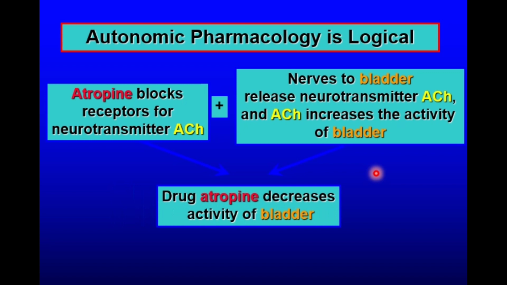Therefore, you should predict that in the presence of atropine, bladder activity is decreased. This effect in some situations, like treatment of bladder incontinence, might be useful, while in another situation may be regarded as a drug adverse effect.